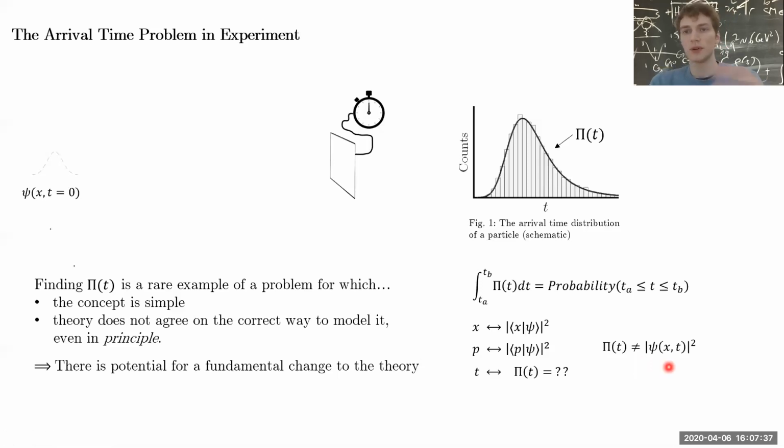Can't you solve for the time-evolved wave function through the Schrödinger equation? Now, we can solve for the time-evolved wave function, but I want to emphasize that that is very different from pi of t. I mean, for one, it's clear because they're not even functions of the same variable. Psi depends on position.